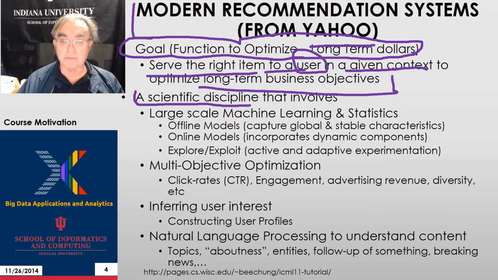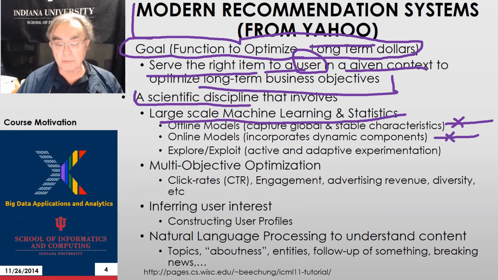It has lots of things building it, large-scale machine learning, which is closely related to statistics. Then you have online models, real-time models, streaming models, and you have batch models, which are looking at the overall structure. Like there's a difference between streaming clustering and batch clustering. And you need to do this in an exploratory fashion, and you need to do testing to find out how to do this.